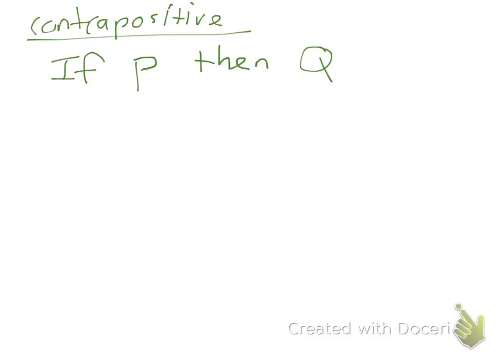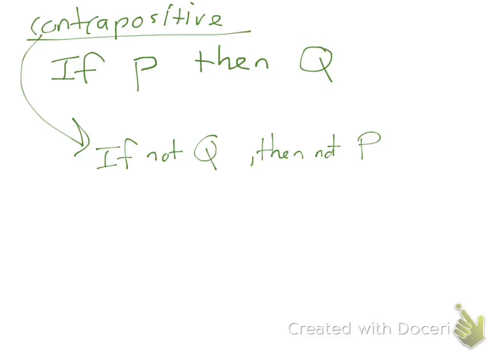Are we talking about 5 or 6? I'm giving you a clue to help us maybe in a different way. We can look up something called the contrapositive. If I have the if-then statement of if P, then Q, I can write the contrapositive. The contrapositive of this statement would be if not Q, then not P.